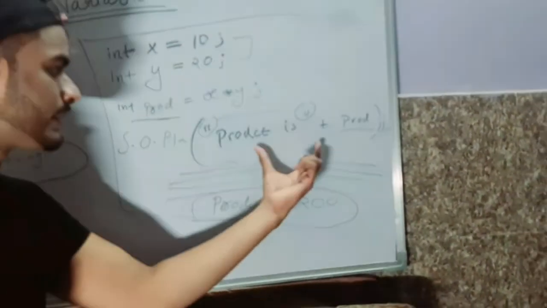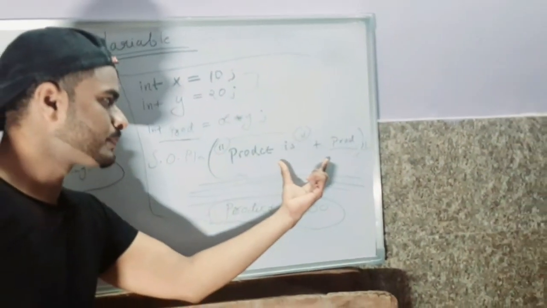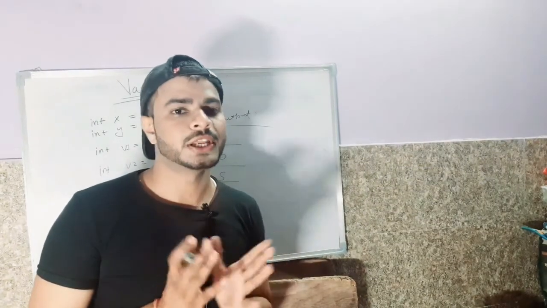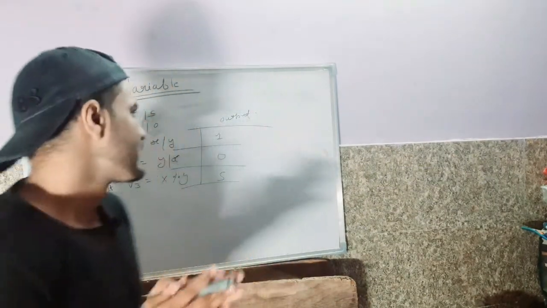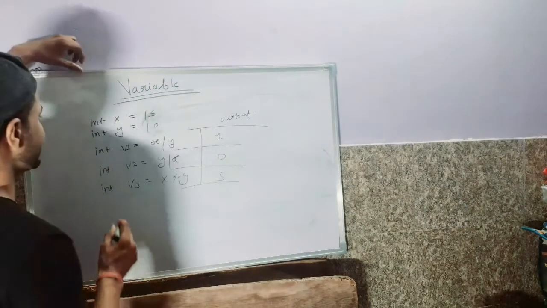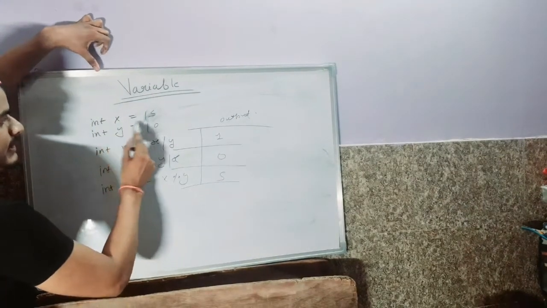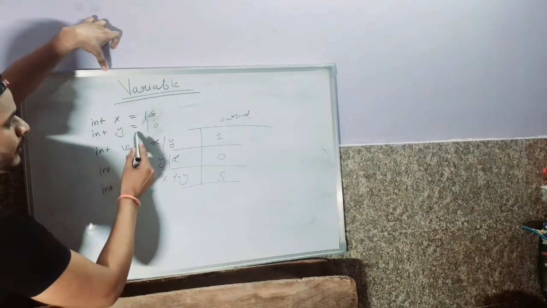This is the combination. Now I want to tell you something interesting, so keep watching. Int x value is 15, int y value is 10.